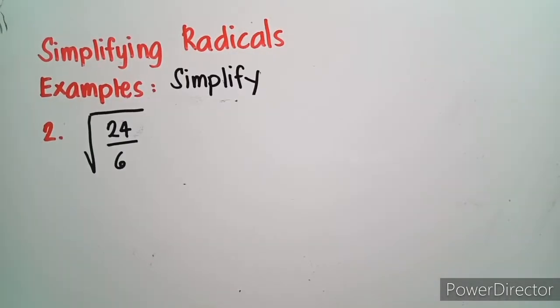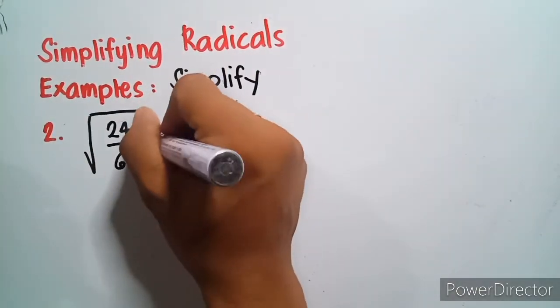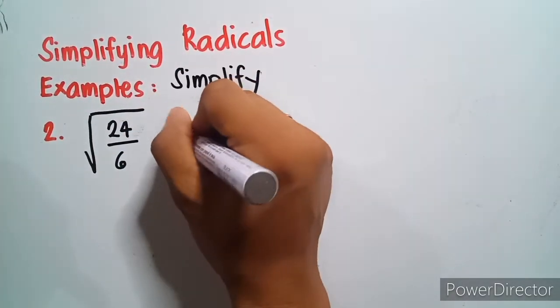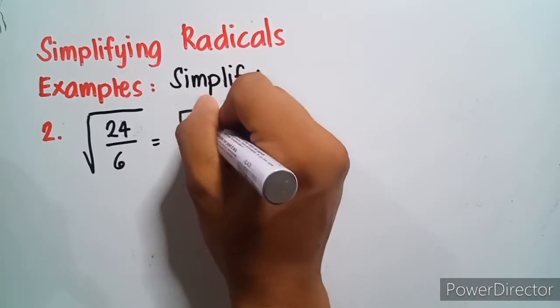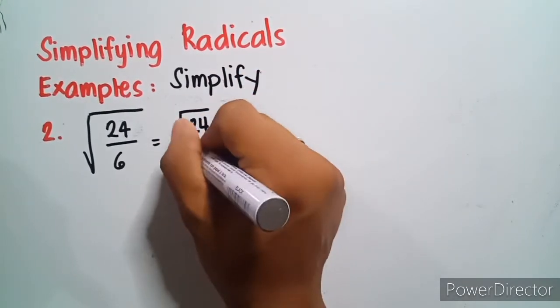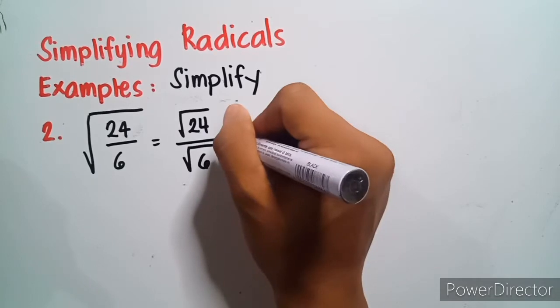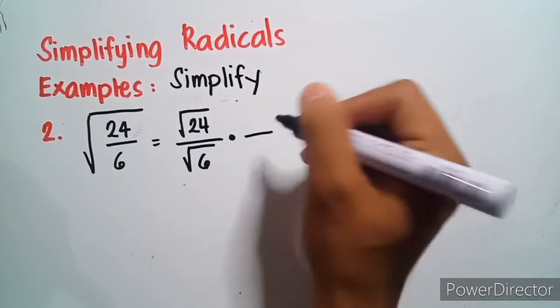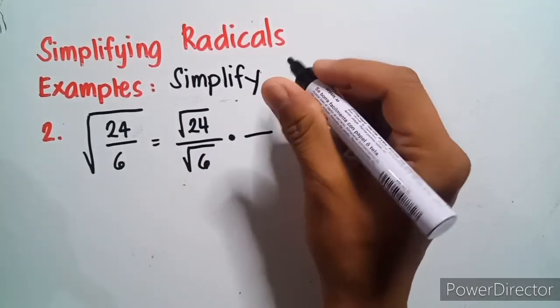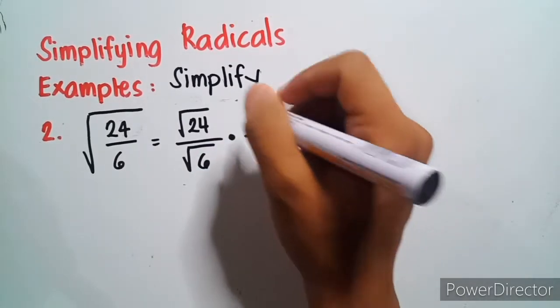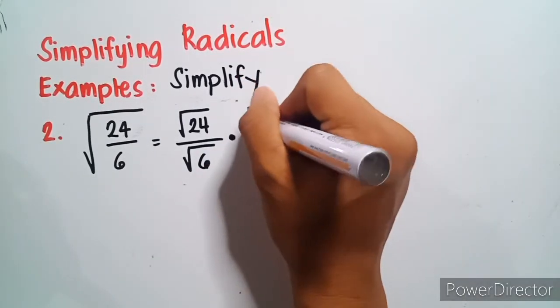Example number 2. Simplify square root of 24 over 6. So again, applying the laws of exponents, we'll have square root of 24 over square root of 6. So multiply again our numerator and our denominator by square root of 6.